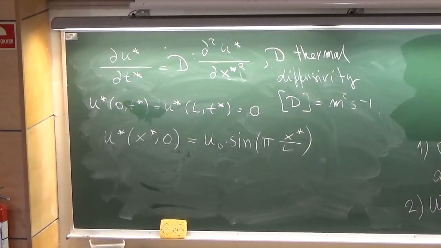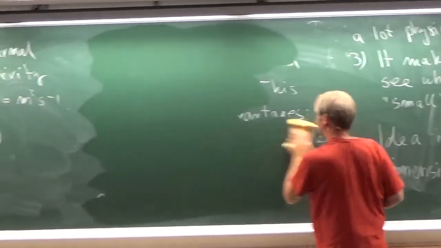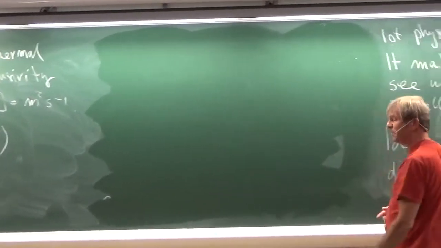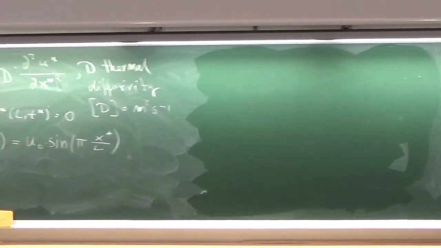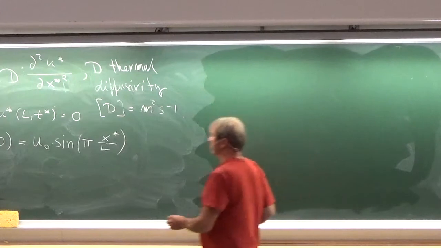So now let's try to scale this equation. We will scale it by a specific technique that is quite nice, which really doesn't take much physical insight. It's called balancing the equation.